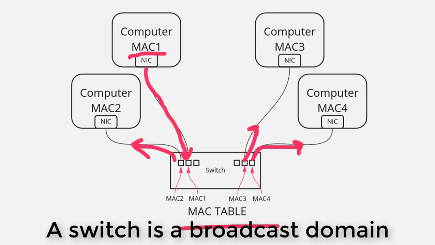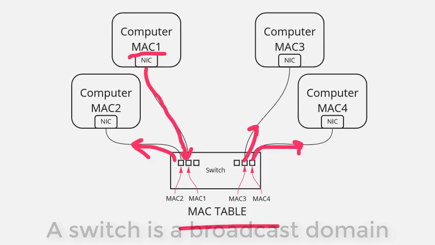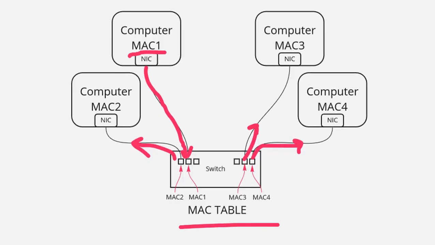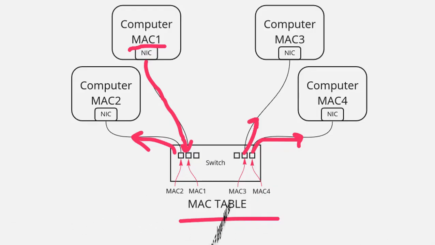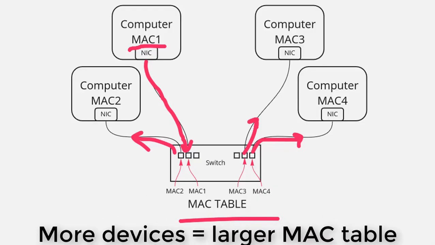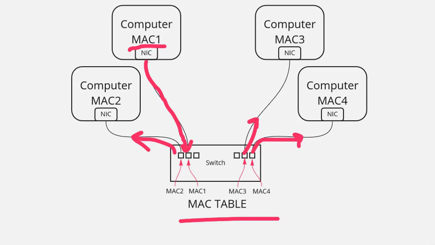But what we want to start to understand here is that an Ethernet network typically involves a fair amount of broadcast traffic. The more devices I connect to the switch, the more broadcasts it's going to have to take care of, and the larger its MAC address table is going to get. And when we start connecting switches to other switches, and other switches on top of that, the size of our broadcast domain can get really large, and so can the size of our MAC address tables.